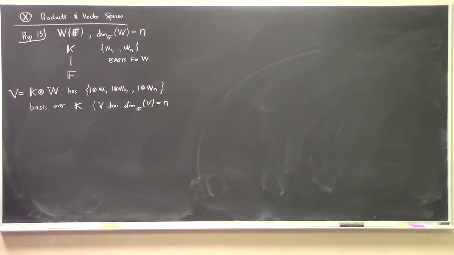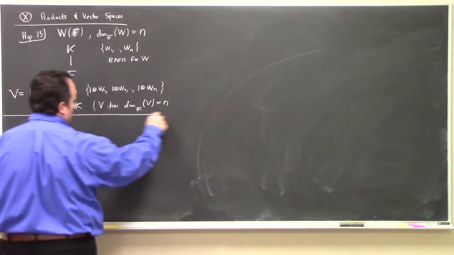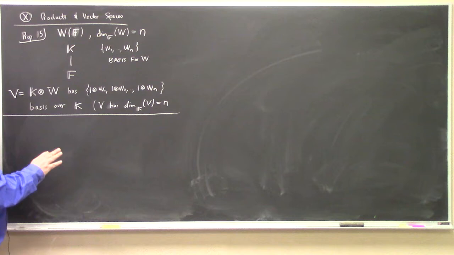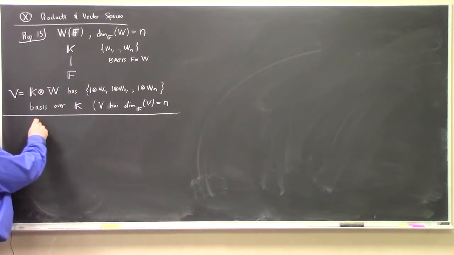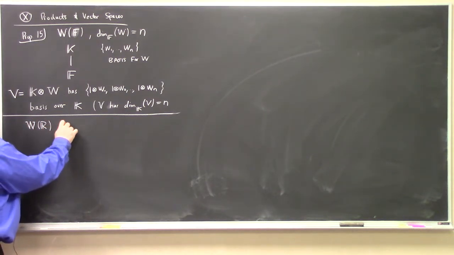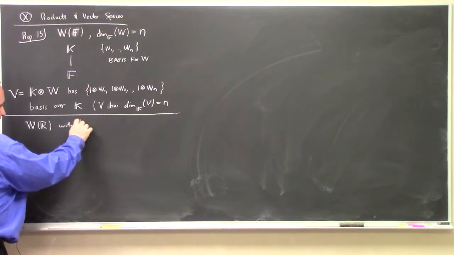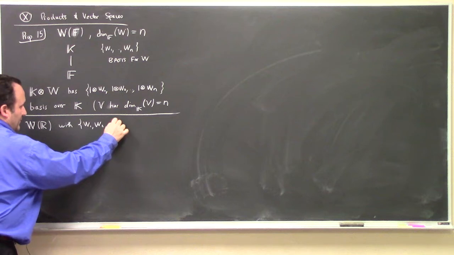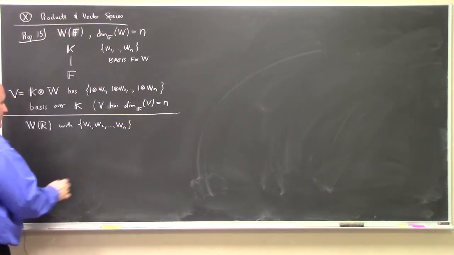So let's see here. Here's what I teach in linear algebra. Suppose I have a vector space W over the reals, with basis, let's say W1, W2, through Wn.